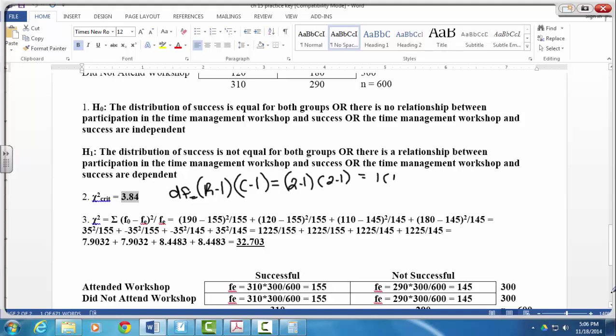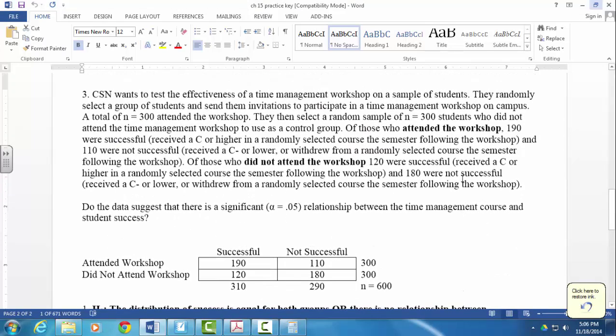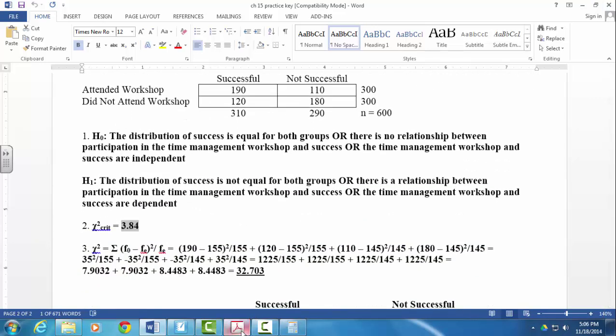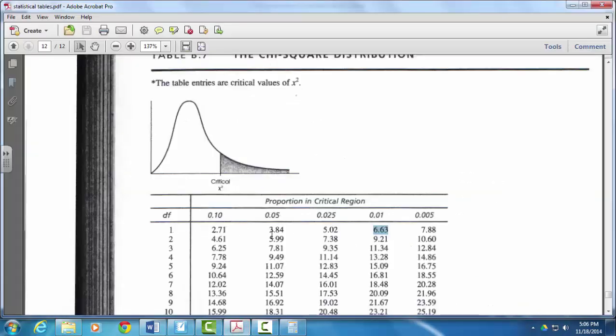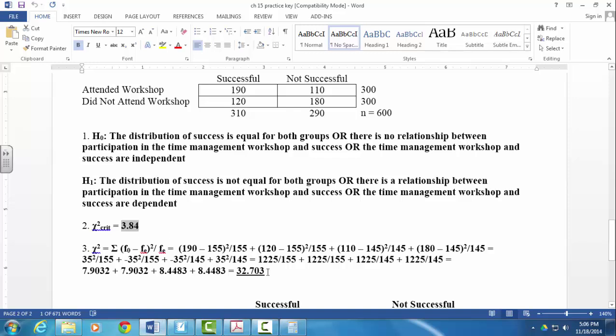So we have 1 times 1, and we end up with 1 for our degrees of freedom. And our level of significance, or our alpha level in this case, is 0.05. So 0.05, 1 degree of freedom. Found that earlier incorrectly when I didn't know we were looking at 0.01. 3.84.